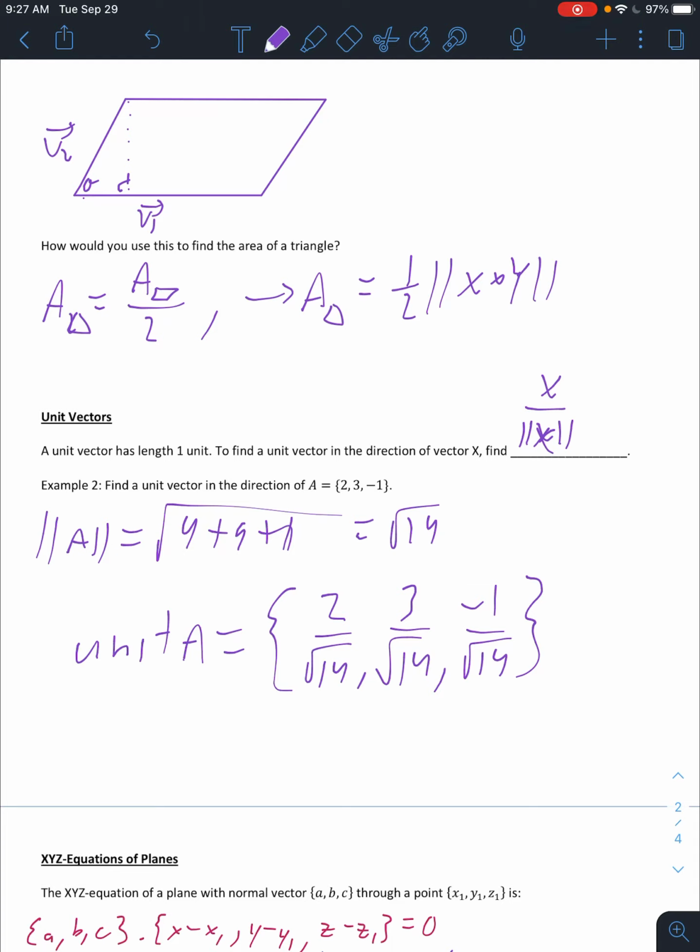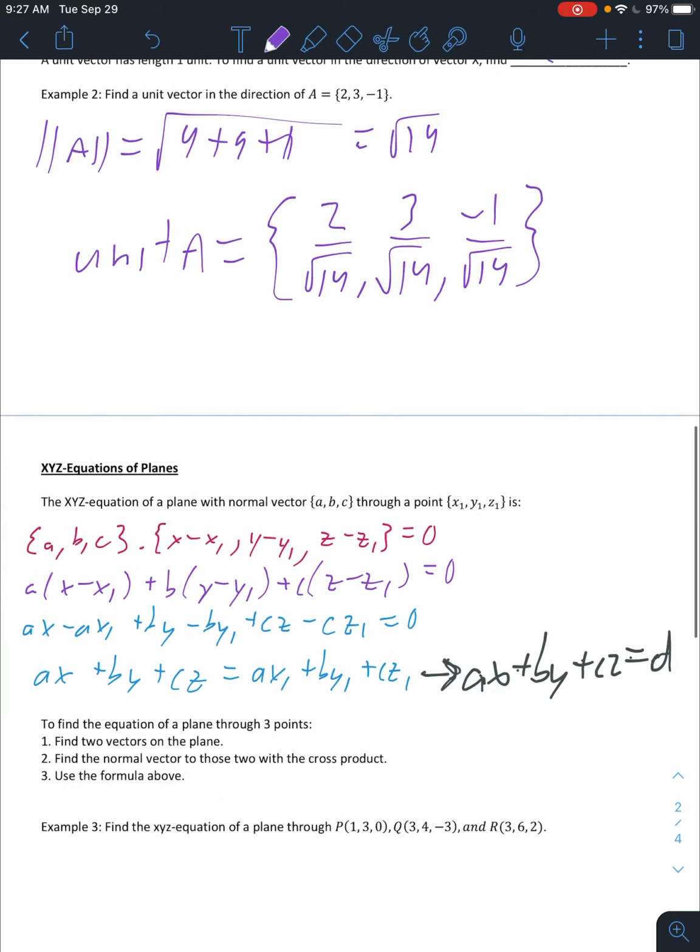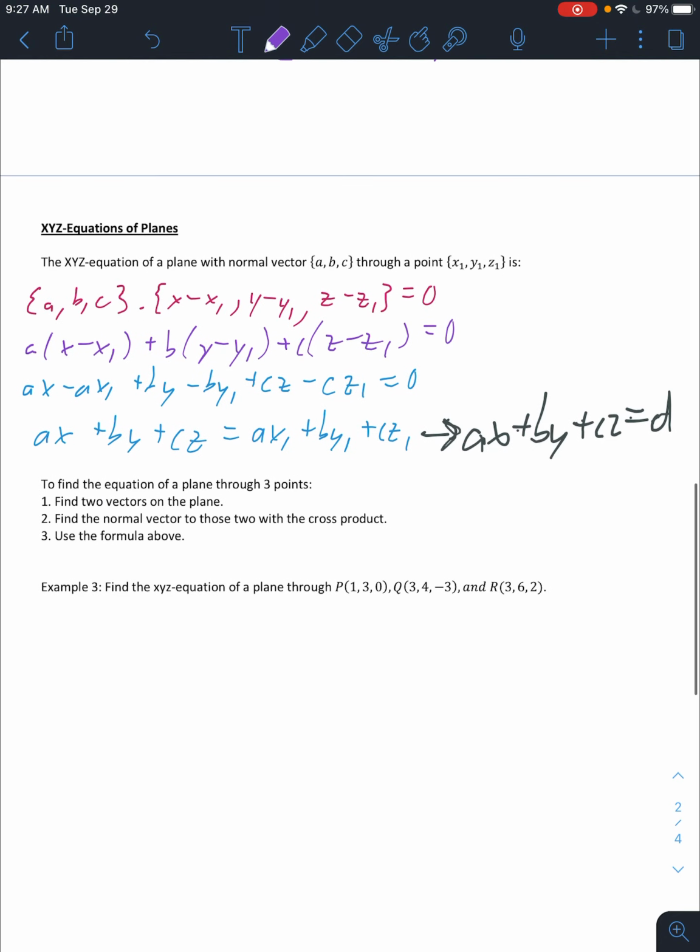All right, page 3 here, we have the XYZ equations of planes. The XYZ equation of a plane with normal vector ABC through any point x1, y1, z1. First thing you want to do is the dot product of two vectors, the normal vector that we're given and a random vector xyz minus x1, y1, z1, set equal to 0.